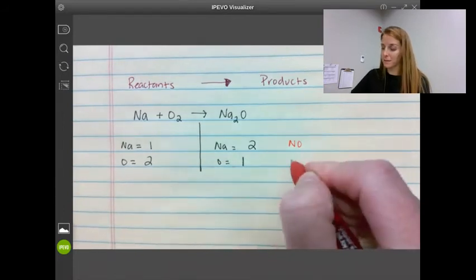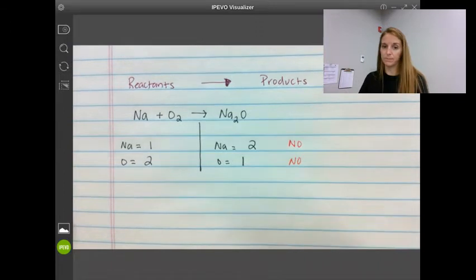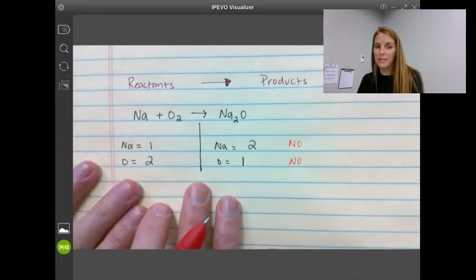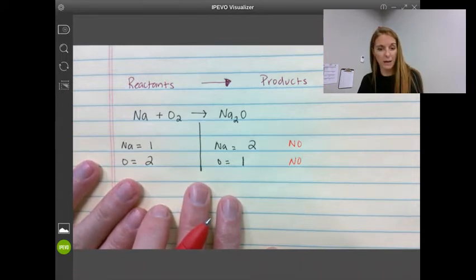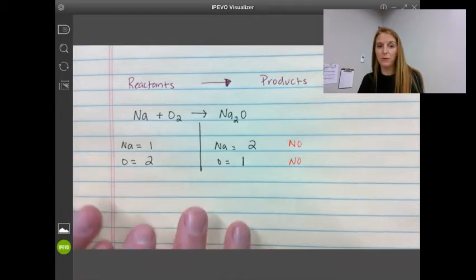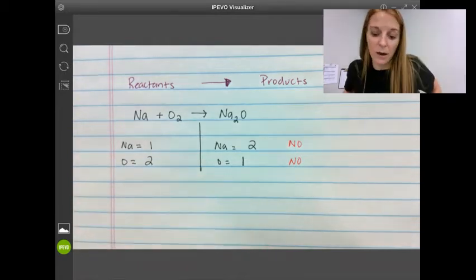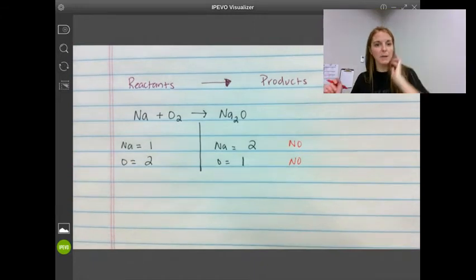Is that balanced? No. Okay. So we can go into balancing these, but I'm going to save that for the end. So if people want to watch the end and practice doing that, then we could practice doing that. But for now, I just want to do some more examples of just pulling out how many of each element there is.